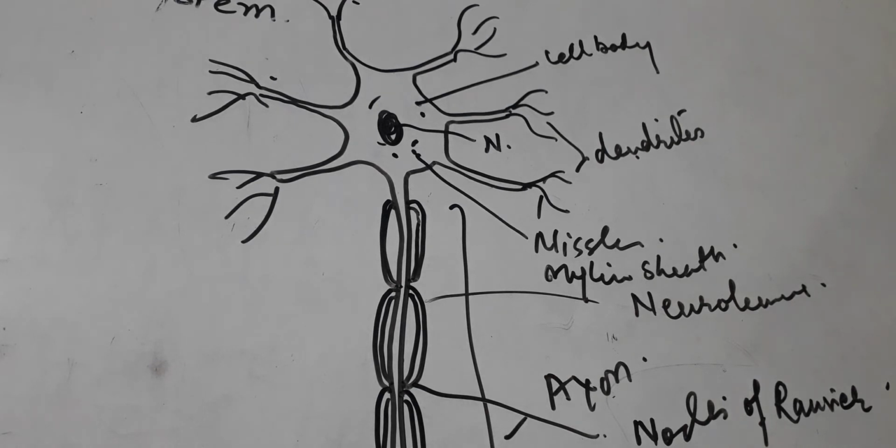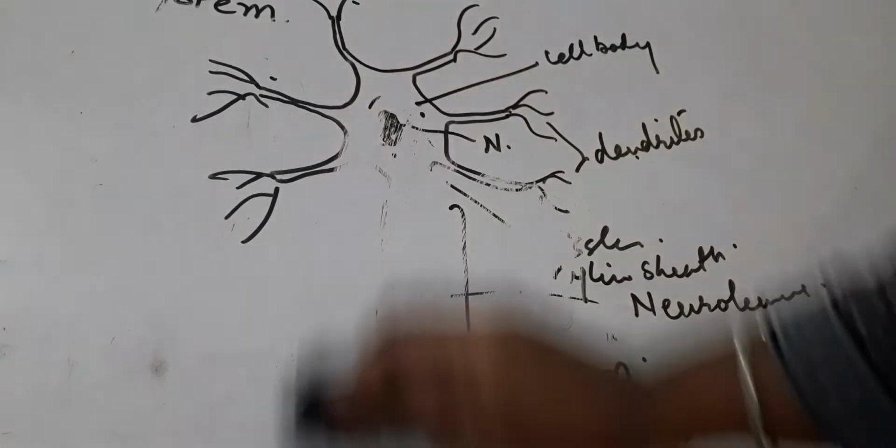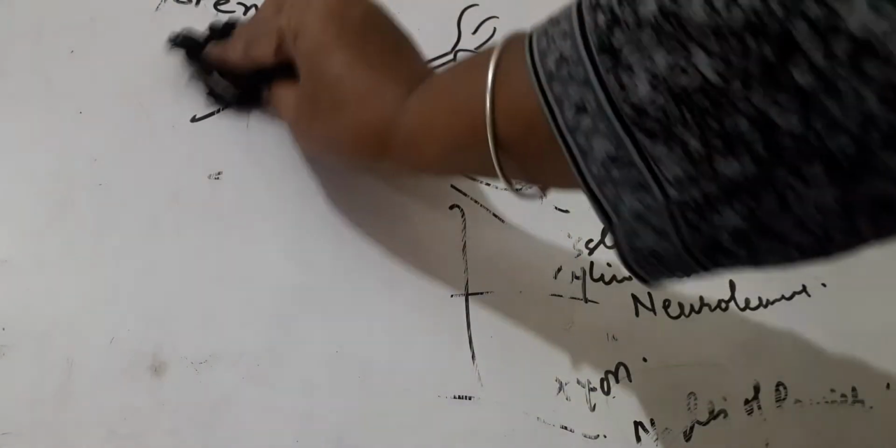Now, transmission of the nerve impulse. Transmission of the nerve impulse in all nerves, outside the membrane.